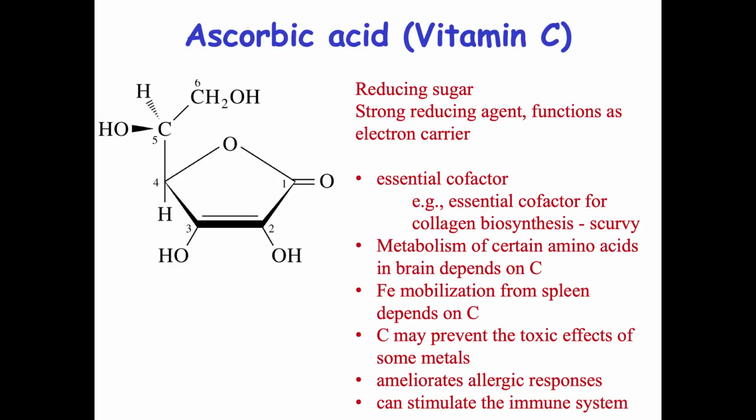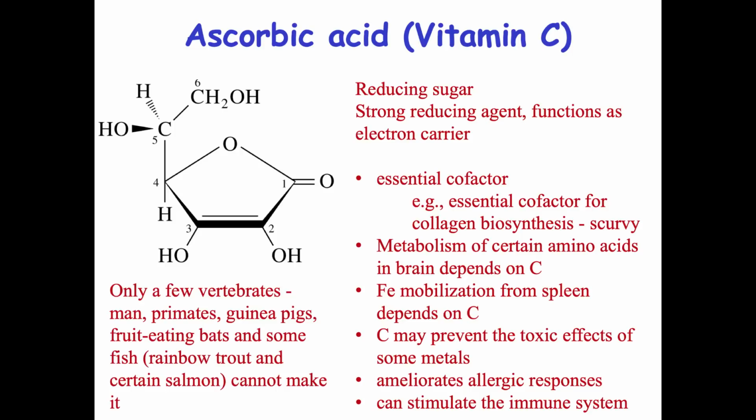So you'll see these pills that you can buy in the drugstore, which have very high levels of vitamin C, and they encourage you to take these in wintertime and so forth. Interestingly enough, only a few vertebrates, such as man, primates, guinea pigs, fruit-eating bats, and some fish like rainbow trout and certain salmon cannot make it. Most organisms, most plants and animals, can make ascorbic acid.